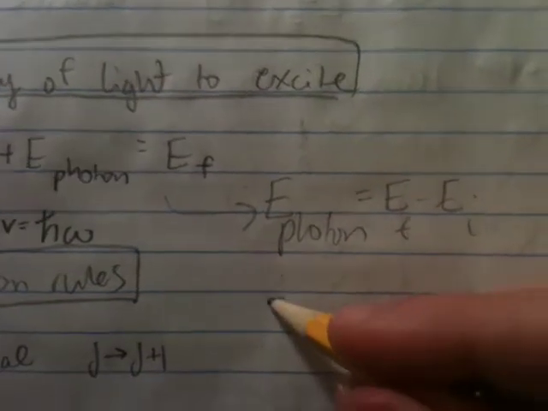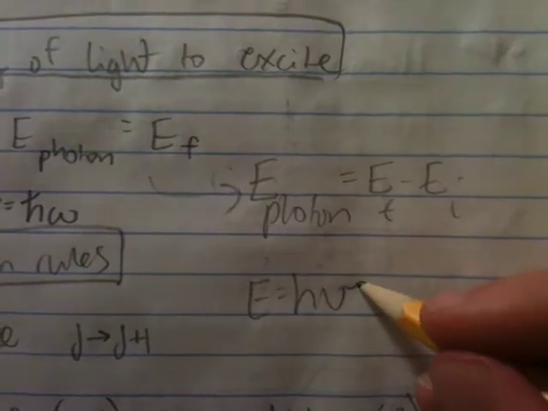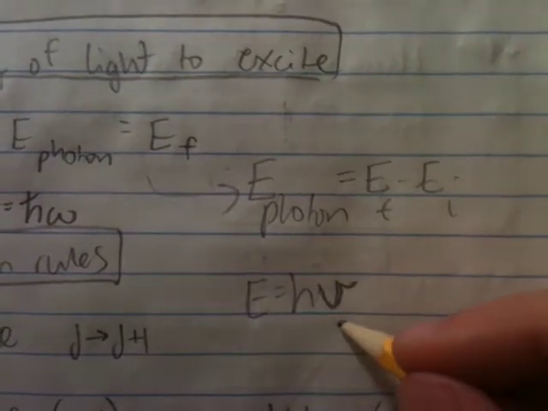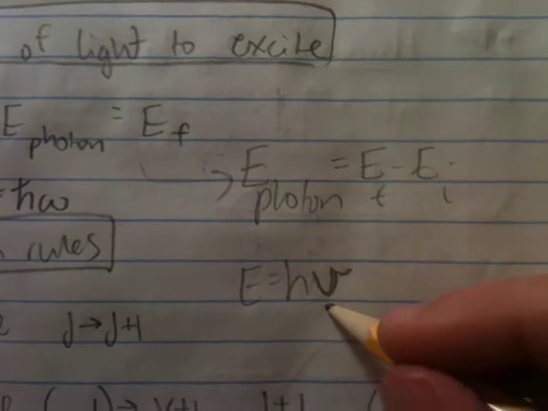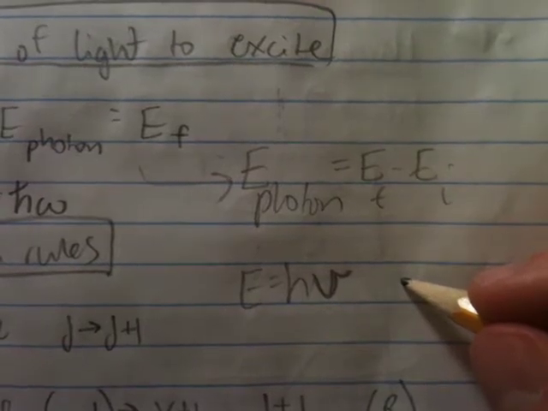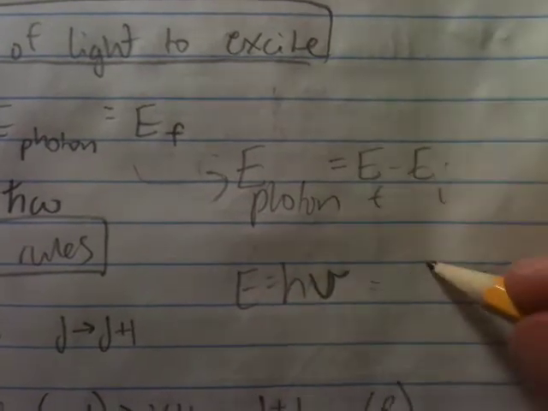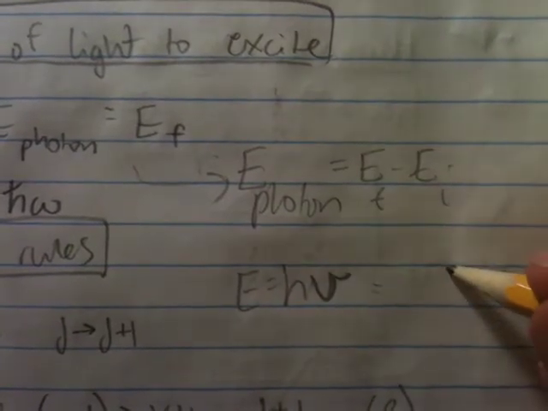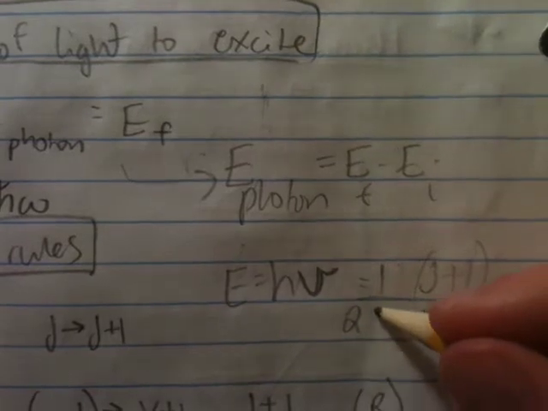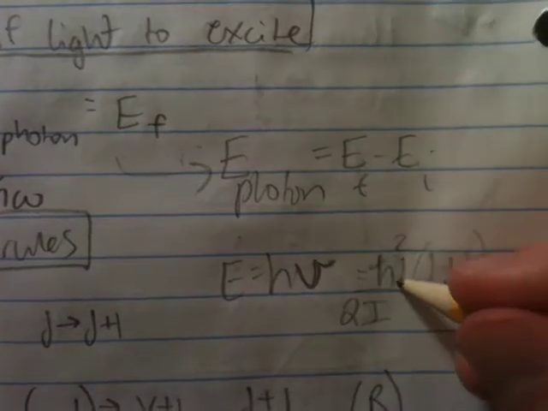And because of Planck's equation, where this is frequency. And if this was for rotational energy, I believe it is something like J plus 1, and then you have 2I here, and then another J here, something like that.